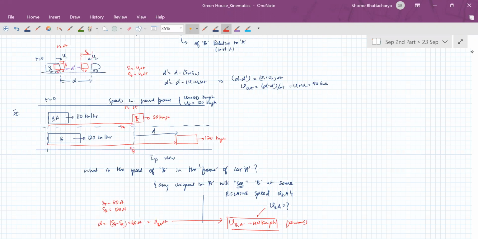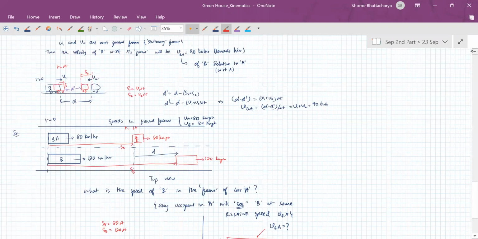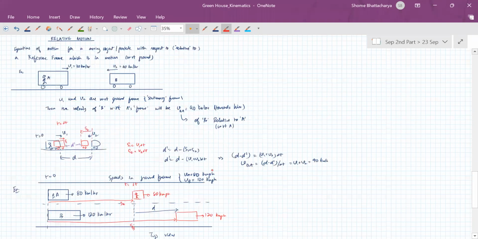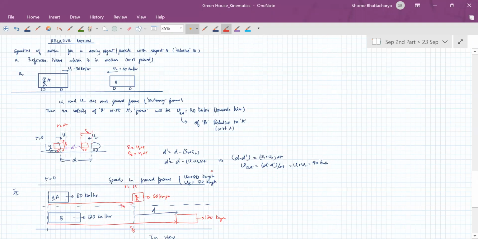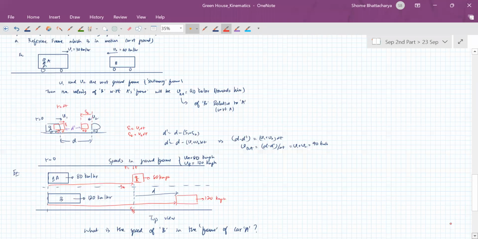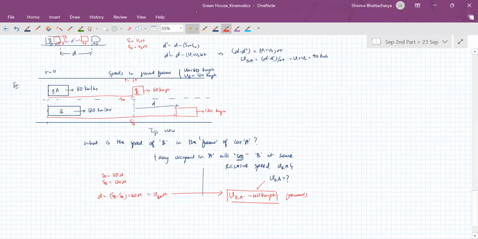Okay, so hope this example is clear. Just scrolling back to the earlier example once more. Okay, so the second example is also clear to all of you.